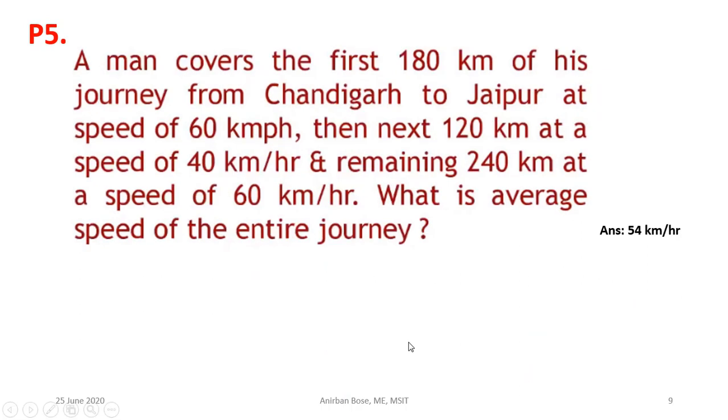A similar problem, the only difference is that in place of time, now the distances are given. So in the same way, for the first 180 kilometers, you see it is moving at 60 km per hour. For the next 120 kilometers, it moves at a speed of 40 km per hour.